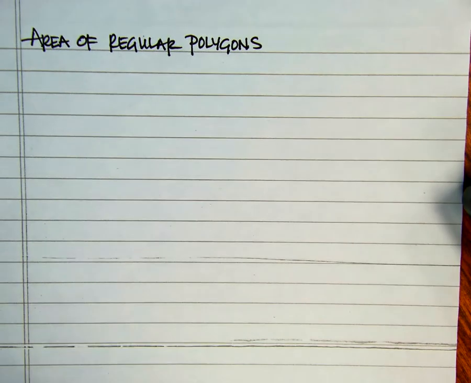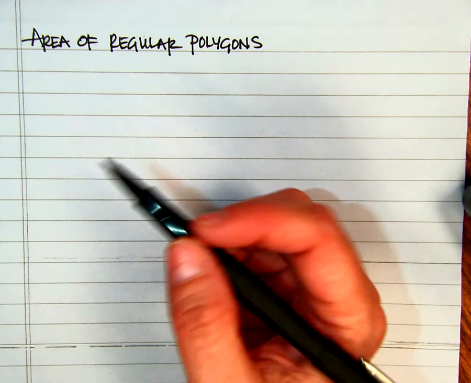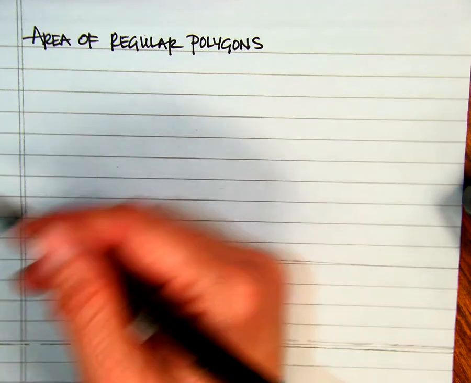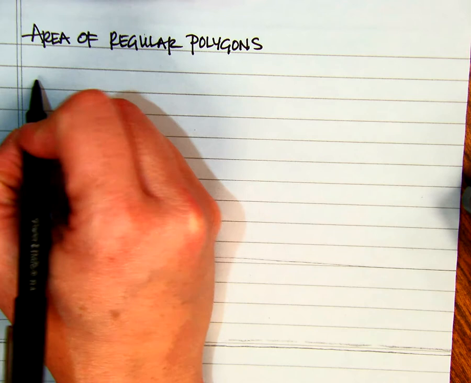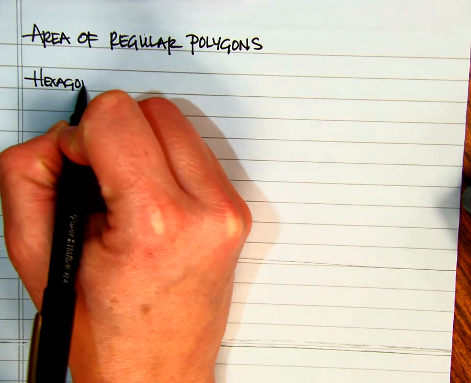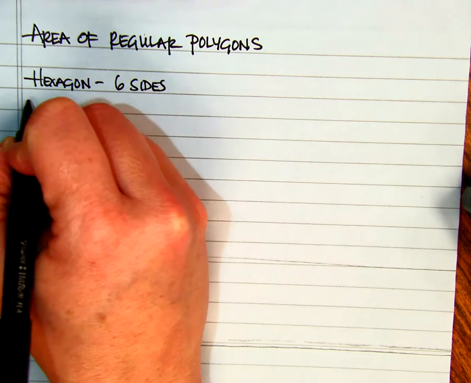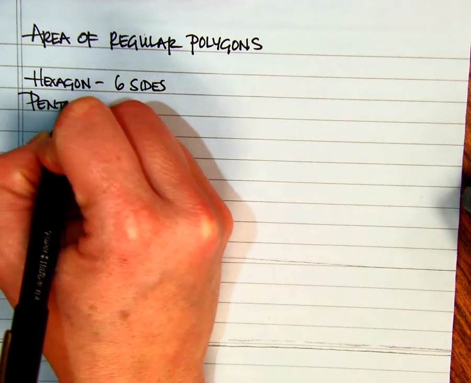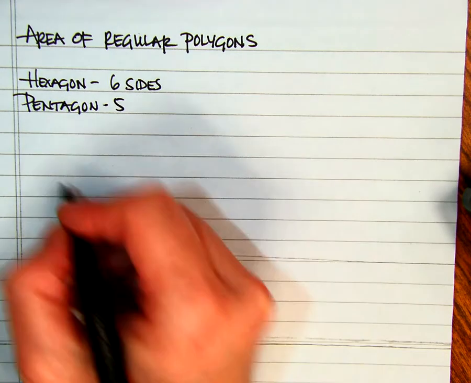Okay, so today we are going to find the area of regular polygons. A couple vocabulary terms that are important: first of all, you need to know how many sides a hexagon has. A hexagon has 6 sides. Pentagon has 5.